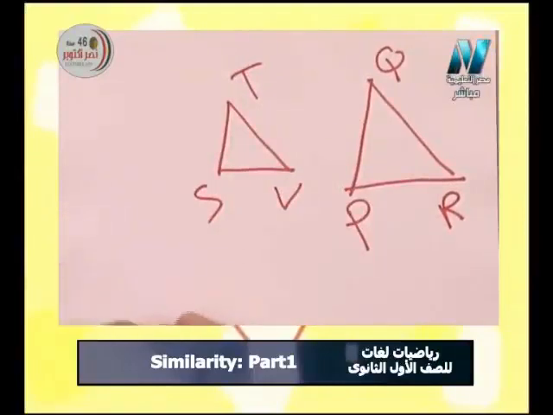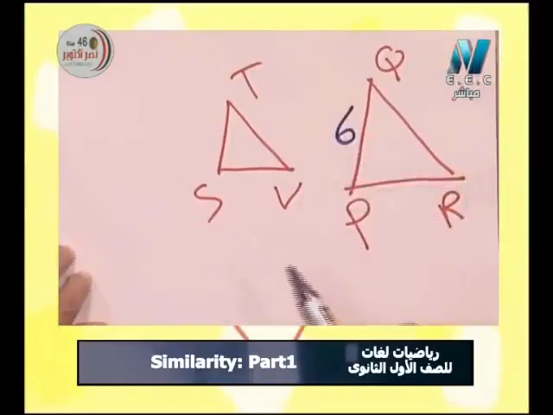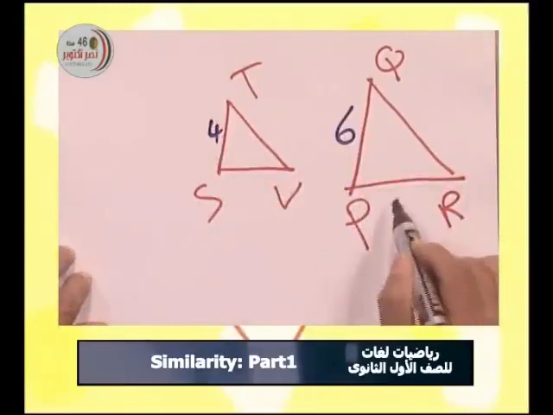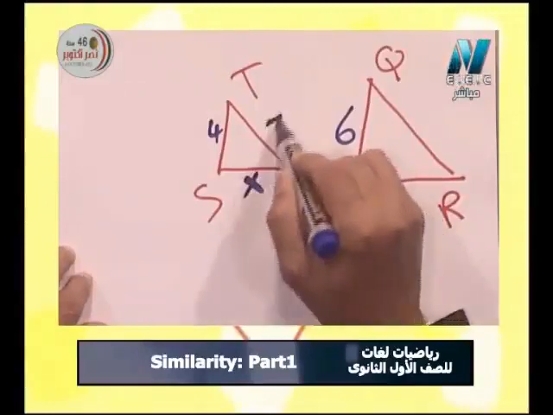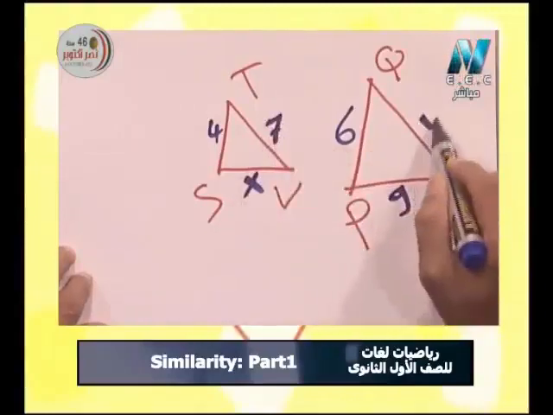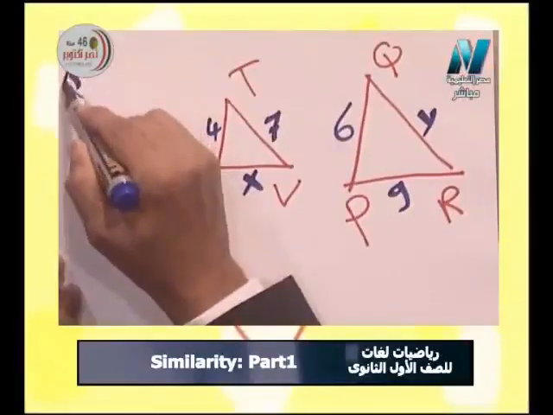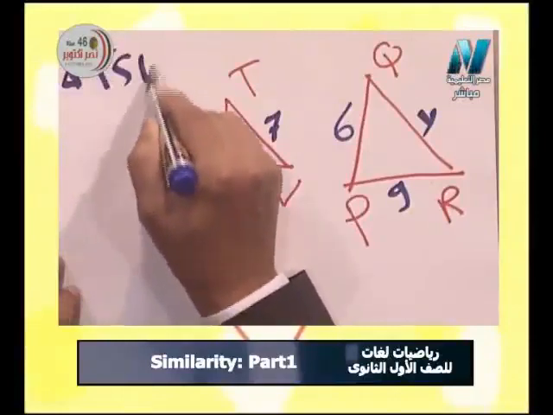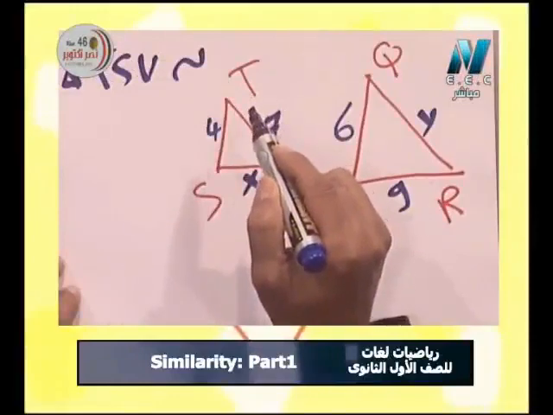The length of QP equals 6 centimeters. The length of TS equals 4. This is 9, and this is X. This is 7 centimeters, and this is Y. And he told me that triangle TSV is similar to triangle QPR.